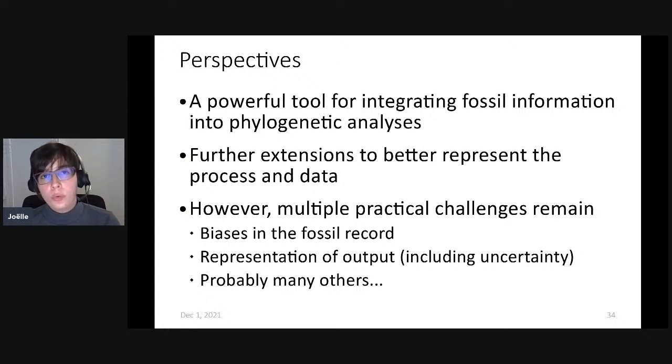So far, I think most representations that have been adopted reduce the entire posterior distribution to one tree or to one value. And there's a discussion to be had about whether this is the right representation, especially as we go to more complicated models that may not be adequately represented by one single value or one single tree. And there are probably multiple other challenges that I'm not aware of or that I haven't worked with.